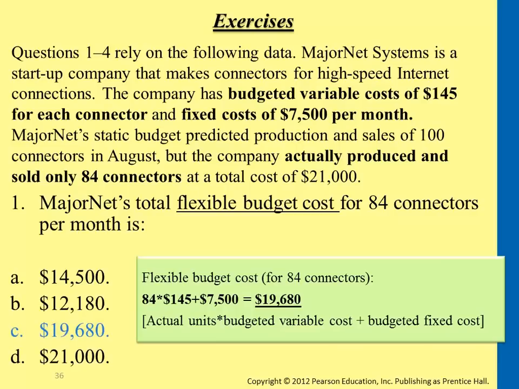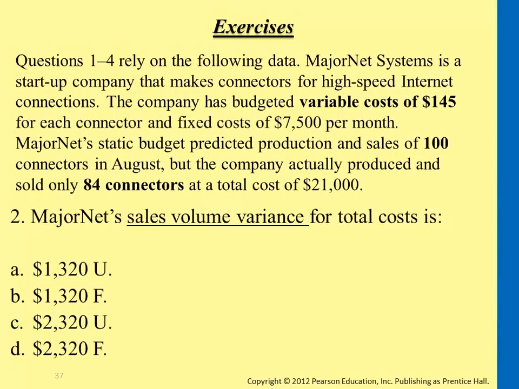So 84 connectors times variable expenses that was budgeted plus budgeted fixed expenses. All right, keep this number. We'll be using this for the next problem here.